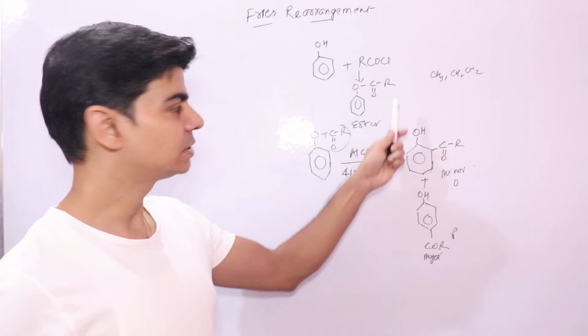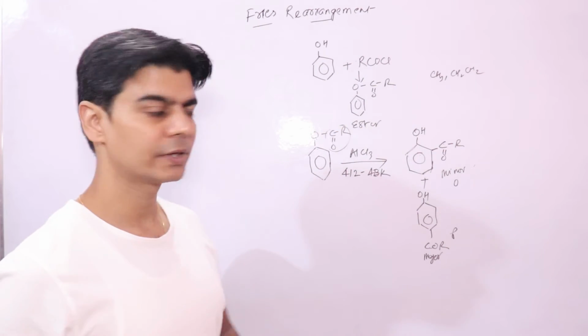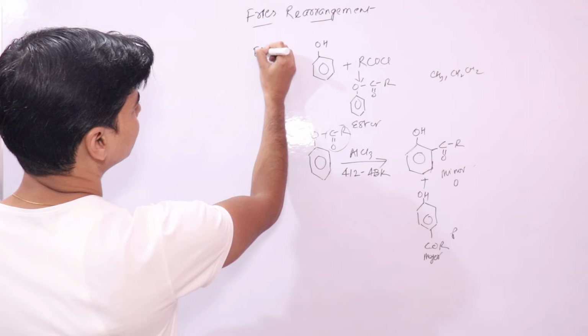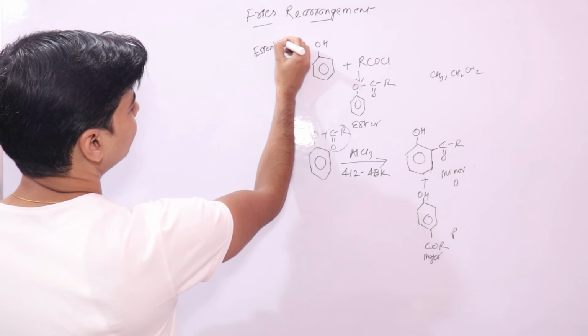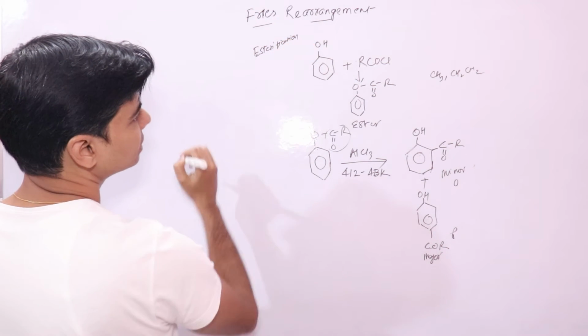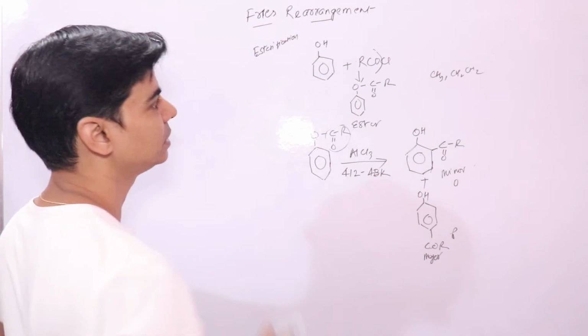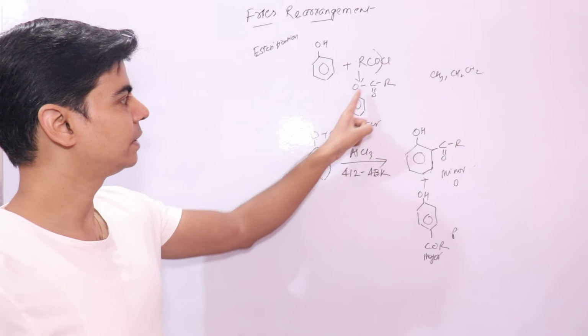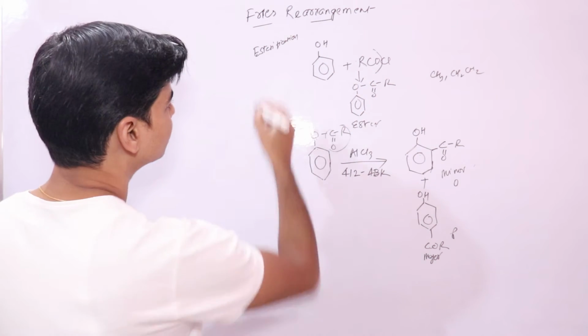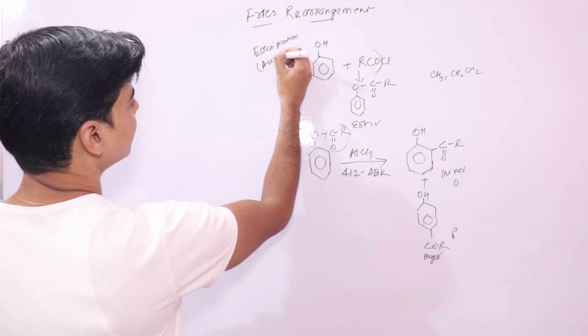This reaction is the formation of an ester of phenol. We call this reaction esterification. In this esterification, if you look at this position, the acyl group is introduced. The RCO group is introduced here in this compound, so this reaction is also known as acylation.